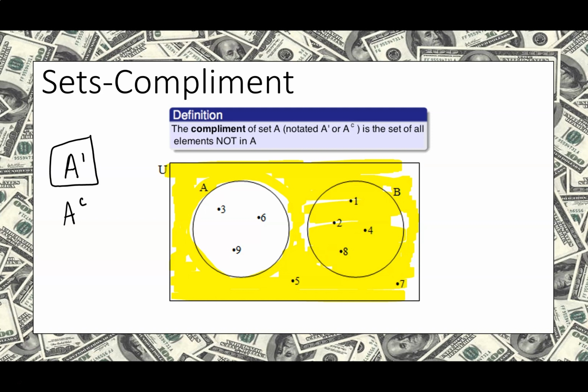So everything that I have highlighted in yellow is not in A. Right, B's not in A. Number 5's not in A. It's everything outside.